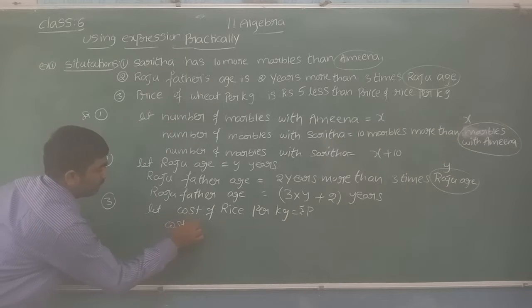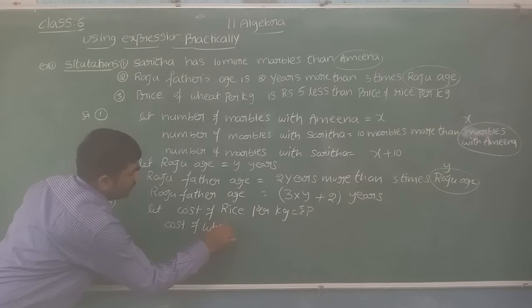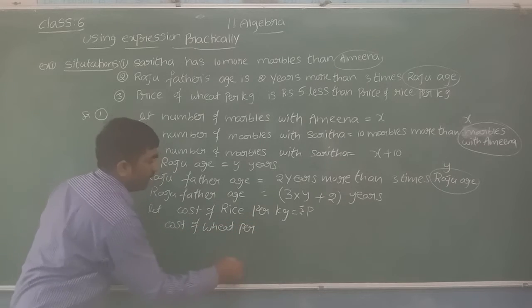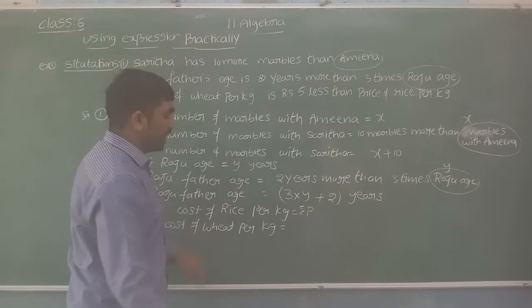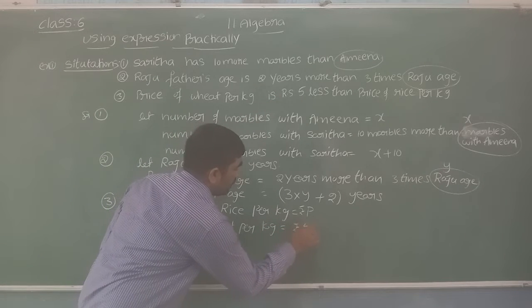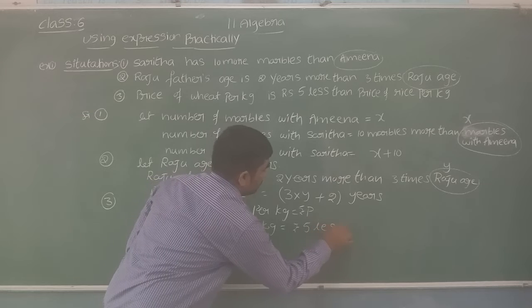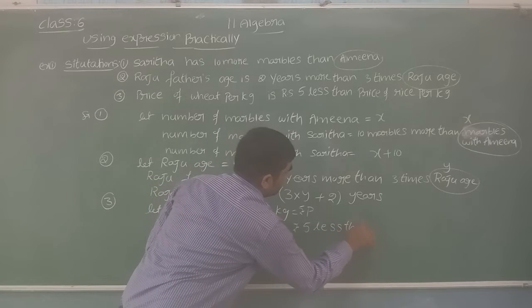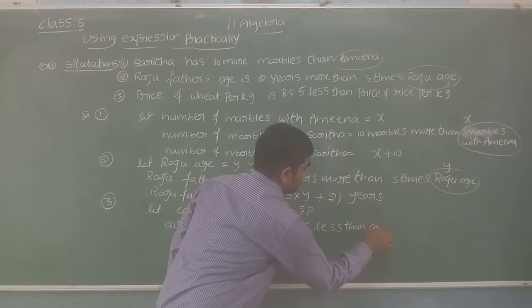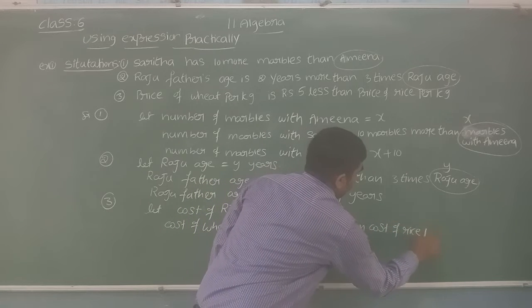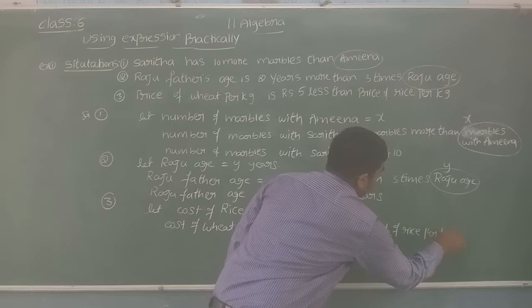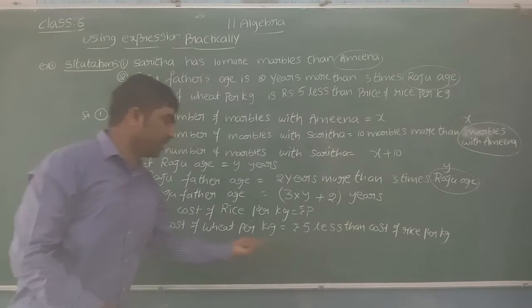Cost of wheat per kg is equal to 5 rupees less than the cost of rice per kg. Just I wrote the question, but as it is, nothing I did.